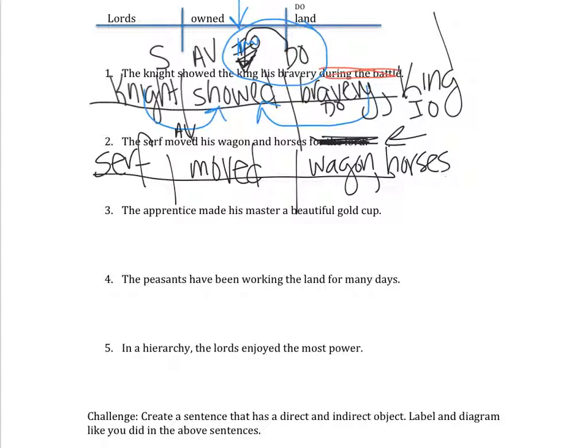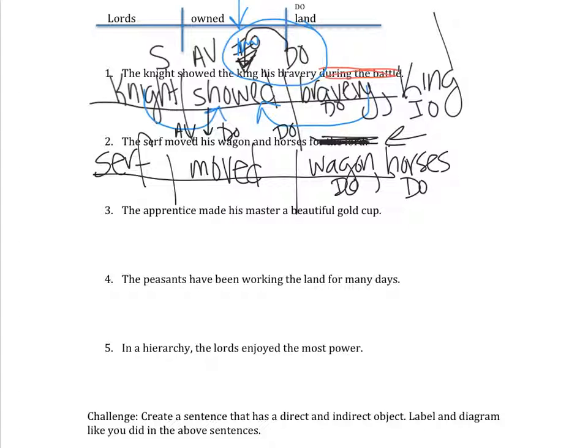Two things he moved, so both of them are direct objects. They received the action, they got moved. Is there an indirect object? No. It would be right about here if there was one, and there isn't a noun there at all. His is not a noun. Besides, he moved the wagon to who or for who, to what or for what, there isn't any answer to that. So there just is no indirect object.